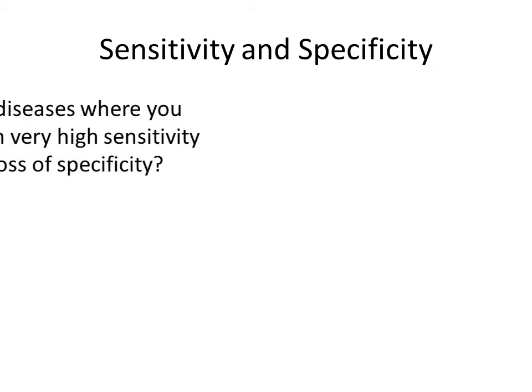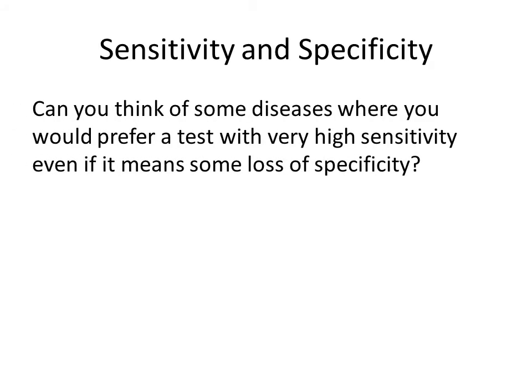Can you think of some disease where you would prefer a very high sensitivity of the test, even if it means some loss of specificity? It means you would not like to miss any case of the disease, even if it means some false positive cases, which later on may turn out to be disease free.